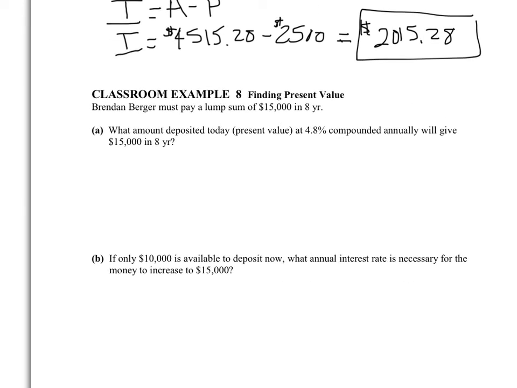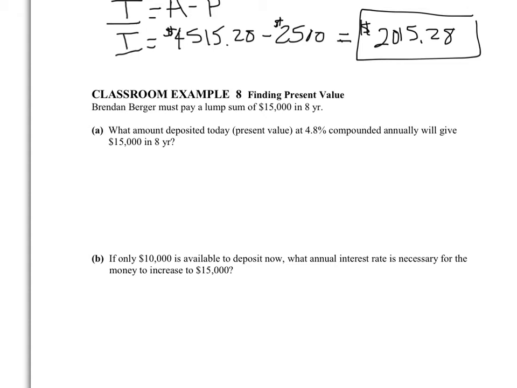Now, we won't always be looking for the A value. This asks us to find the present value, or the principal, the starting amount. Good old Brendan Berger, he has come up with something that is requiring him to pay a lump sum of $15,000 in 8 years. So for whatever reason, he knows he needs $15,000 available to use in 8 years, and he has some money now.